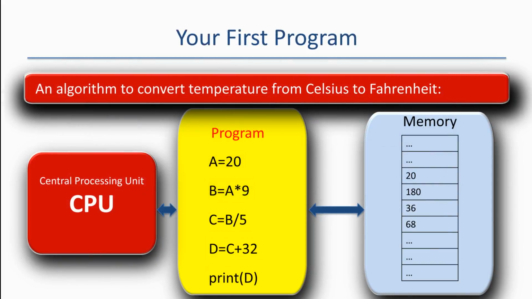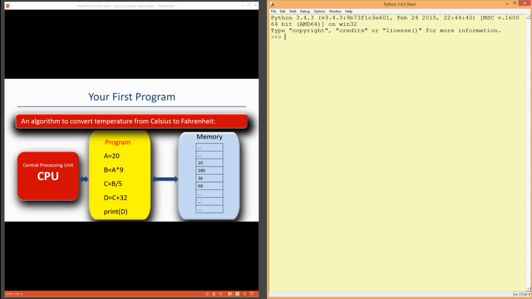Let's recall the example program that we had before, and let me put it side by side with the Python IDLE. Entering the program into the Python IDLE is very simple. All you have to do is type everything that you had in your example program exactly into your Python IDLE.